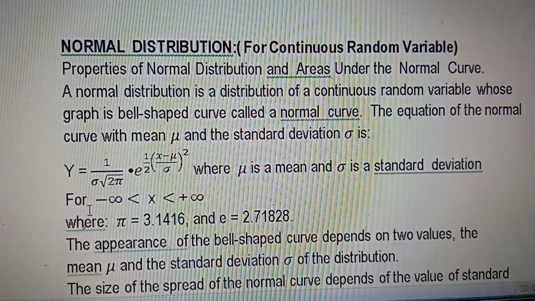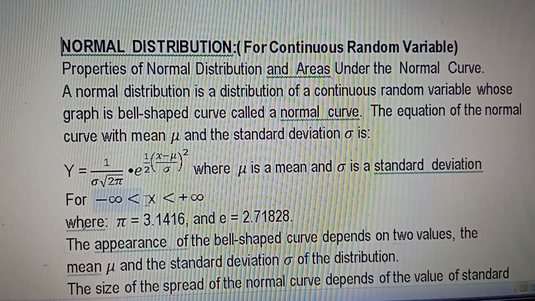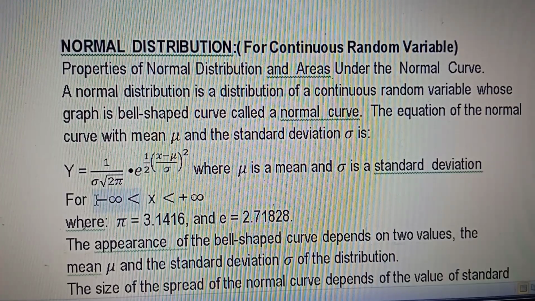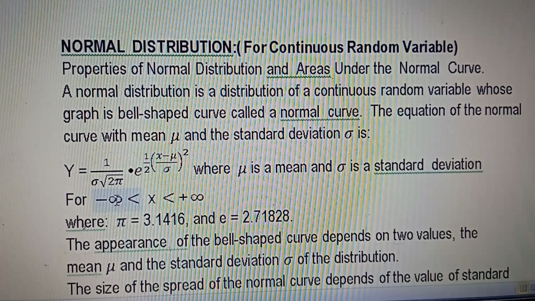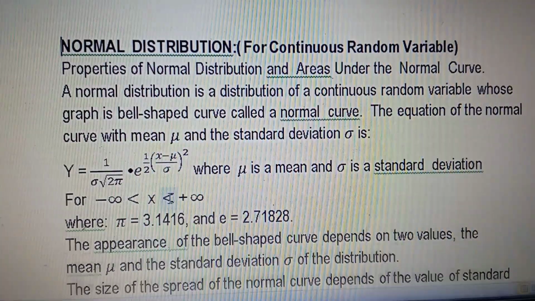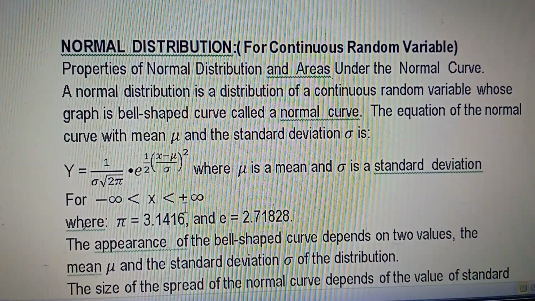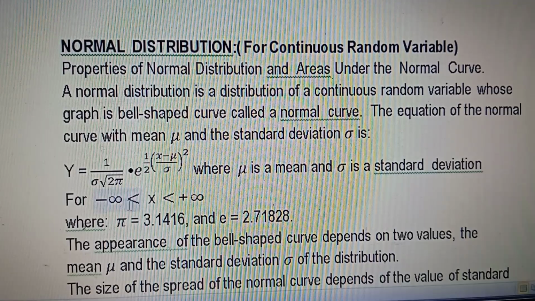That is for x greater than negative infinity and x less than positive infinity.